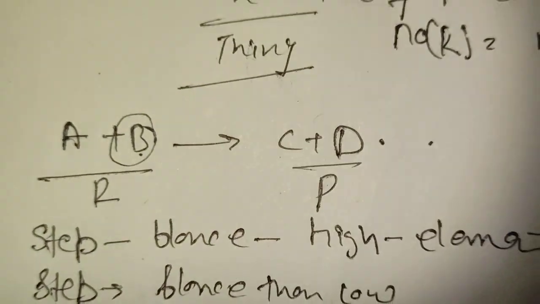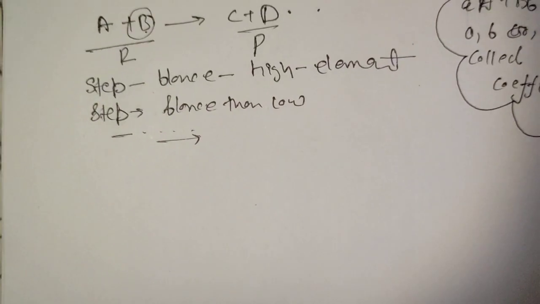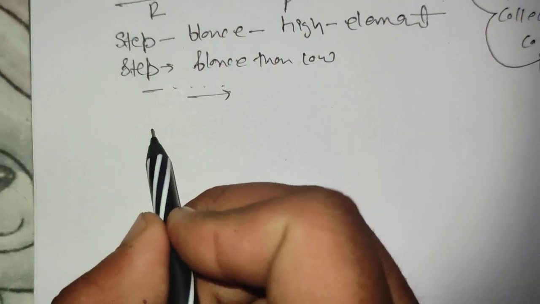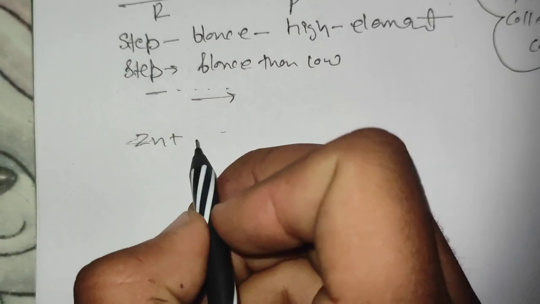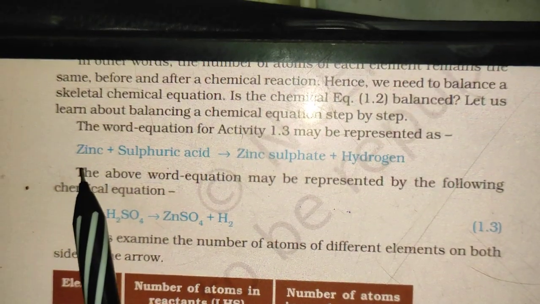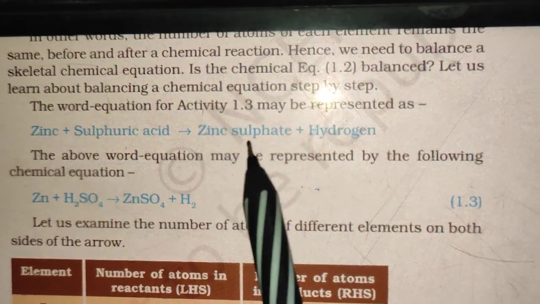Okay, so I use some chemical equation once again. I use our book example, which is zinc. The overall reaction is zinc when added to sulfuric acid gives zinc sulfate and hydrogen.